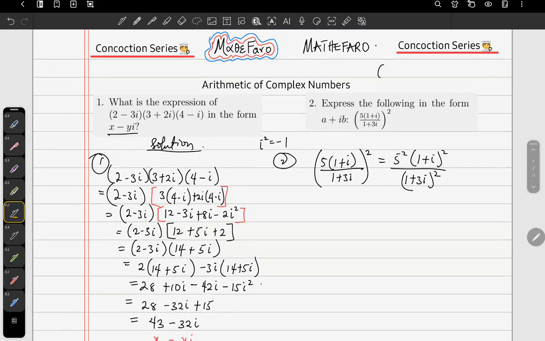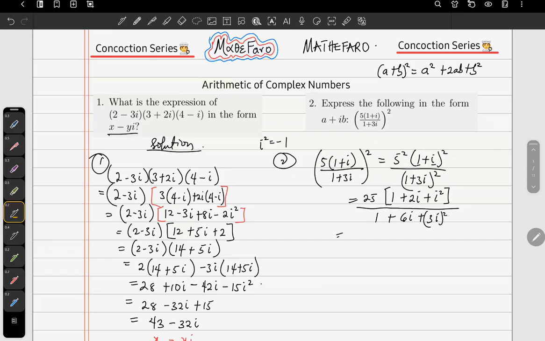We remember that a plus b squared equals a squared plus 2ab plus b squared. So this is going to be 25 into bracket 1 squared plus 2 times a times b, that's plus 2i, and plus i squared, all over the same thing, 1 squared plus 2 times 1 times 3i, so that is 6i, then plus 3i squared.